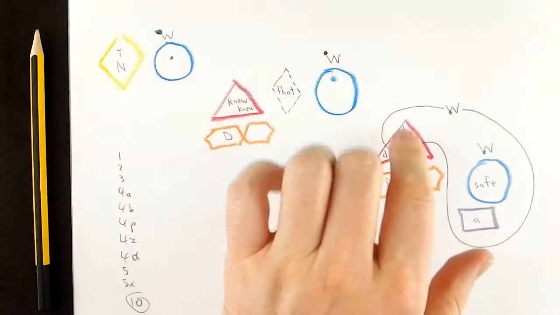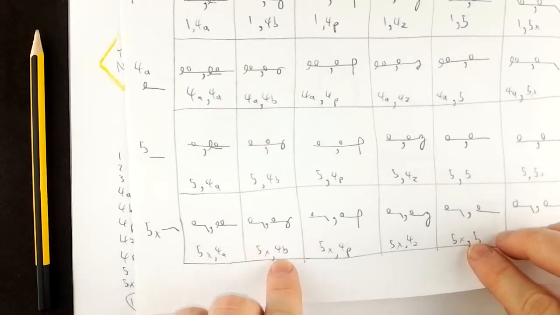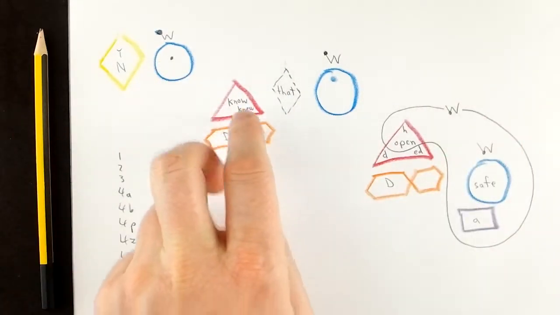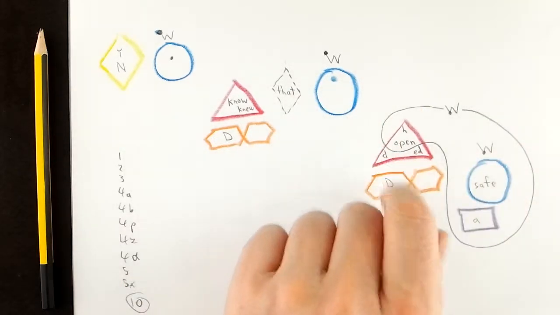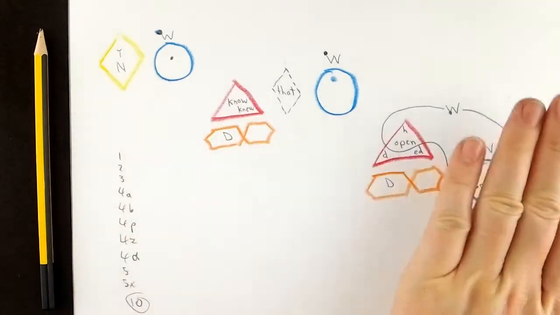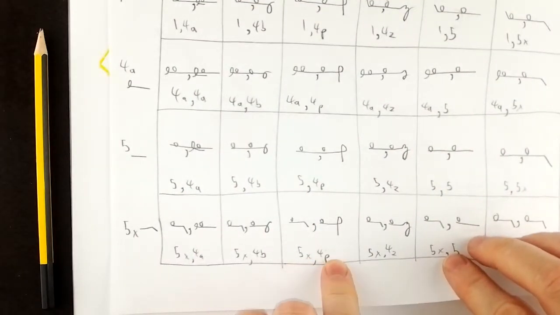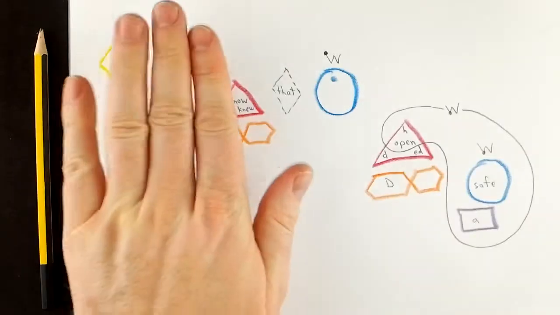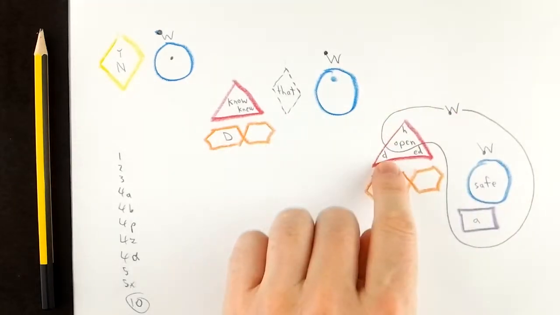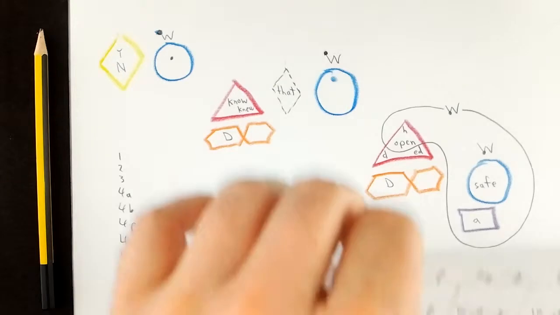Number 5X for B. They didn't know what he opened. Number 5X for P. They didn't know what he did.